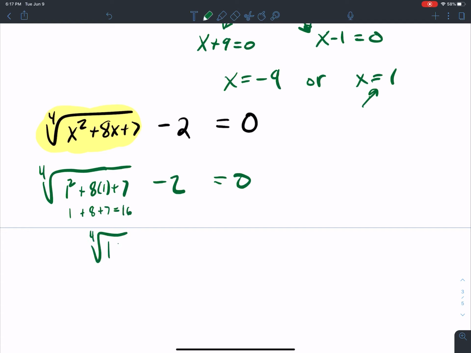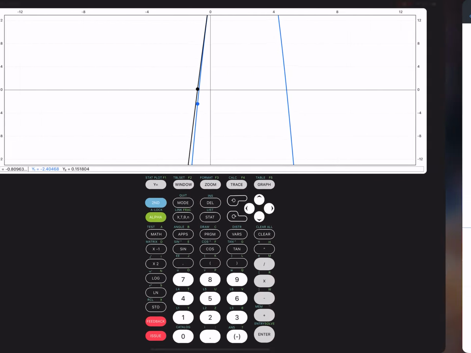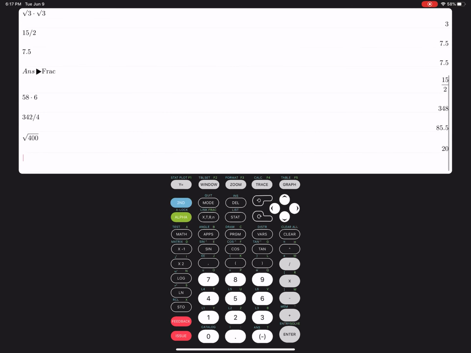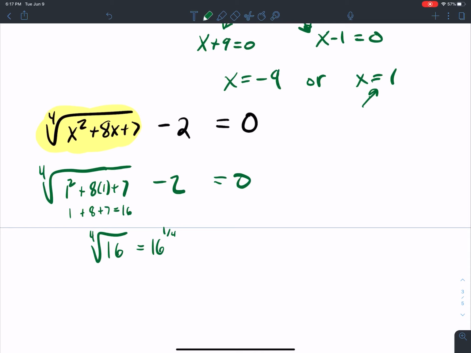The fourth root of 16 is the same as 16 to the 1/4 power. If I go to my calculator and do 16 raised to the 1/4 power, I get 2. So that's 2 minus 2 equals 0. That's true, so we got a winner there.